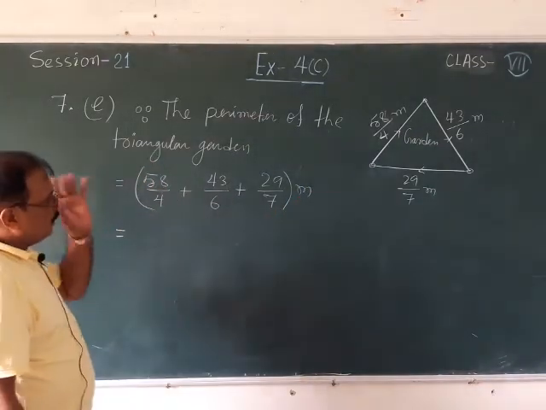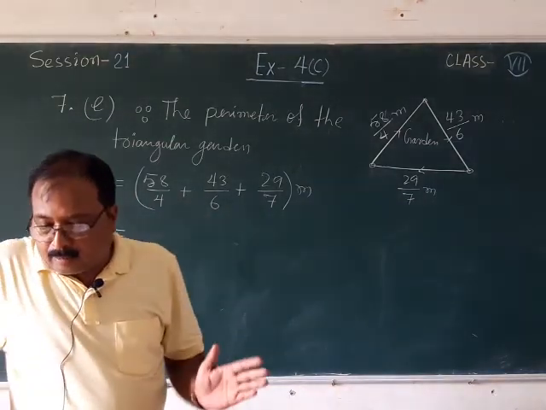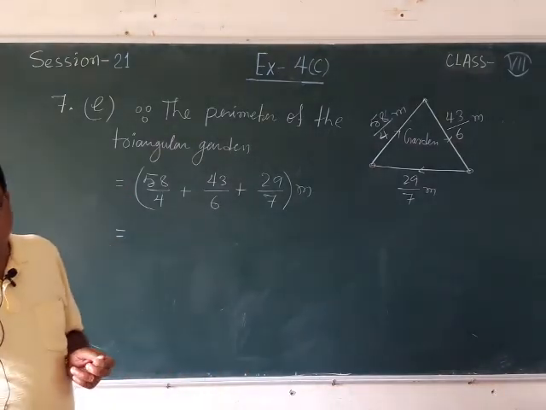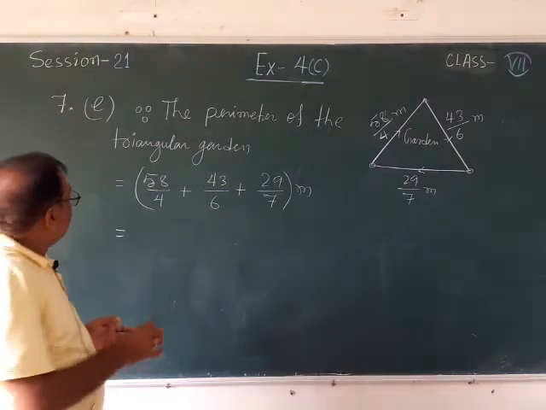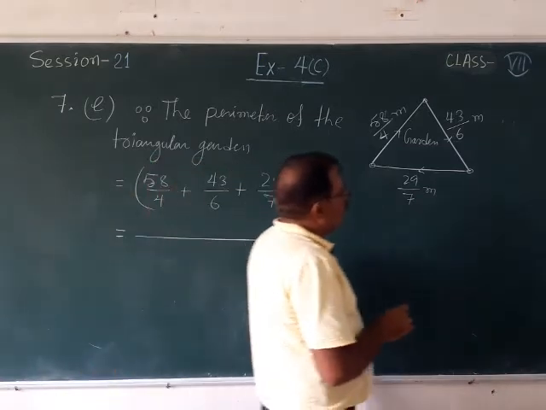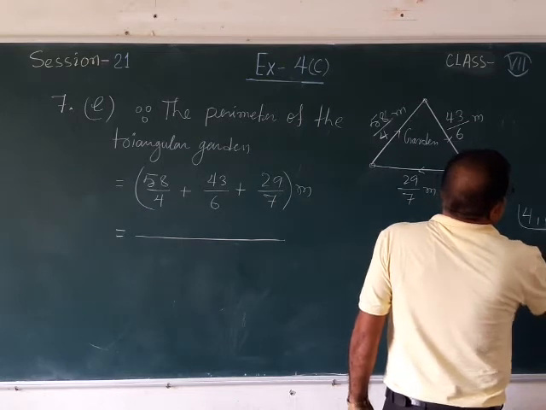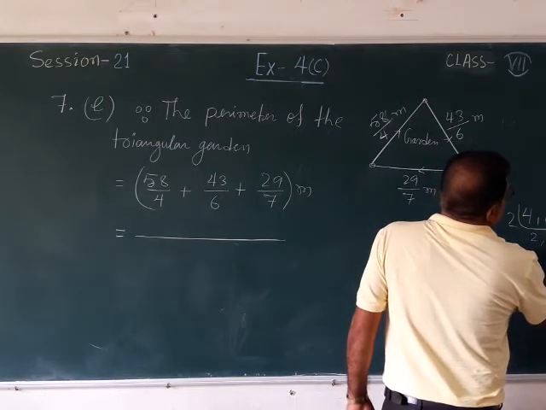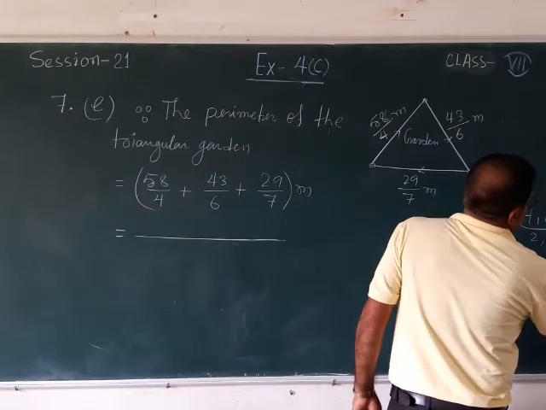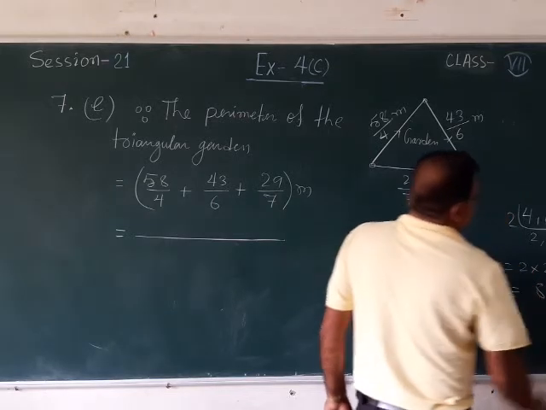Now you need to find the sum of these three numbers: 58 upon 4, 43 upon 6 and 29 upon 7. Now you can find the LCM of 4, 6 and 7. I am going to the rough side. The LCM of 4, 6 and 7 will be 84.